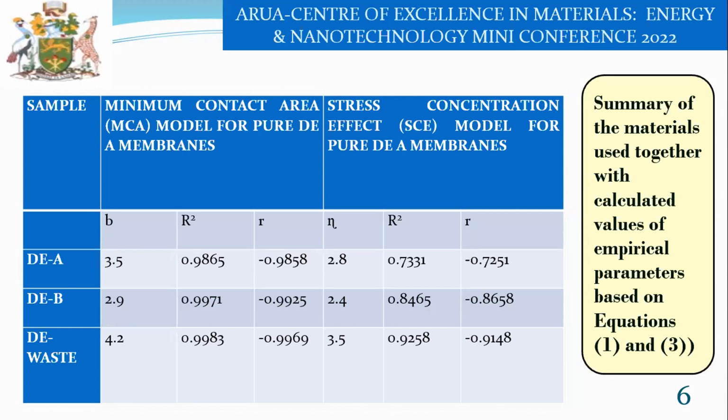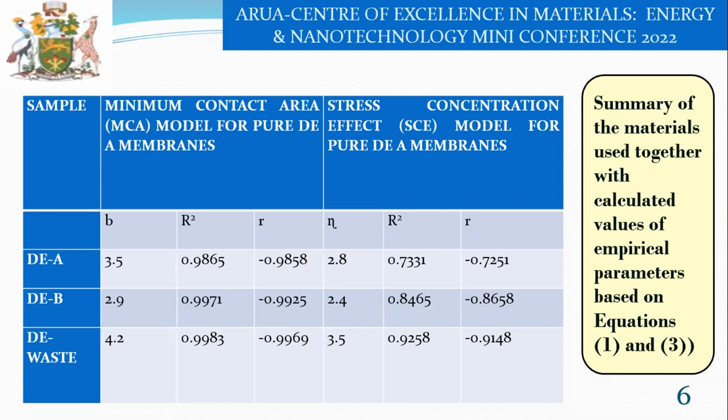However, that is for the minimum contact area model, but when we looked at the stress concentration model, we noticed that this model gave us a low fitting, with only diatomaceous earth waste materials giving us a better fit. Now, diatomaceous earth waste is actually not applicable in any purification systems because it's just wasted.